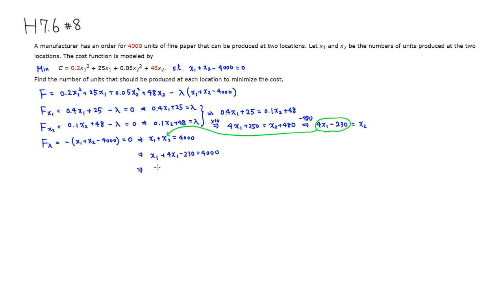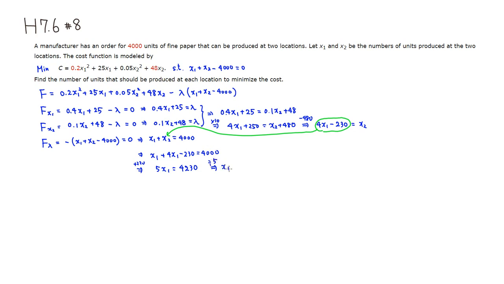So this is going to be 5x1, and I'm going to add 230 to both sides, so you have 4,230. Then we can just divide through by 5.